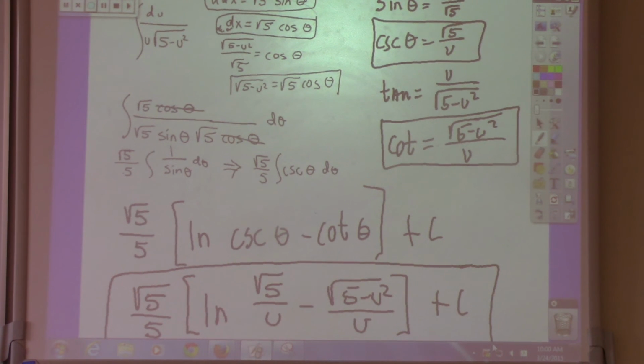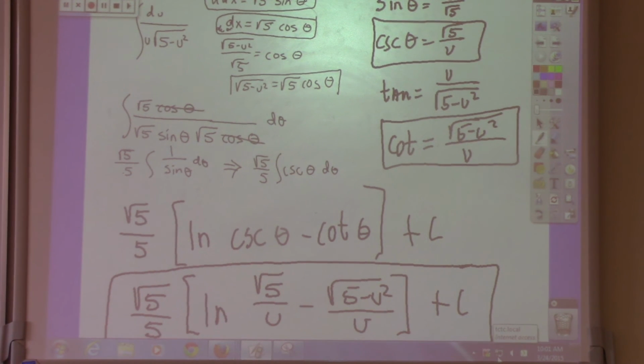But how did they get 1 over the square root of 5? Did they rush? How did they get that? But we got everything right except for the square root of 5 over 5.